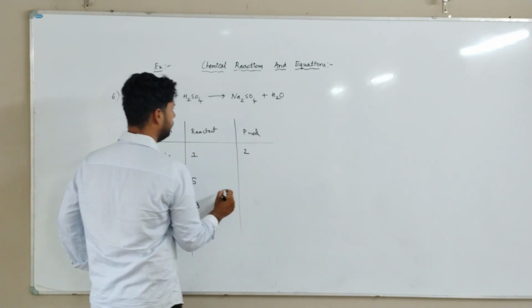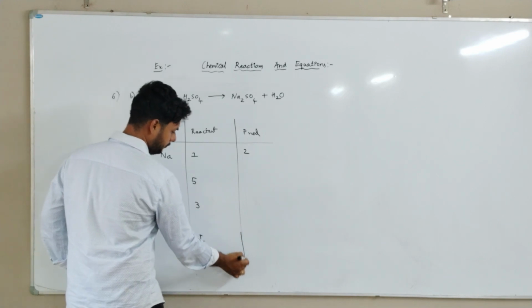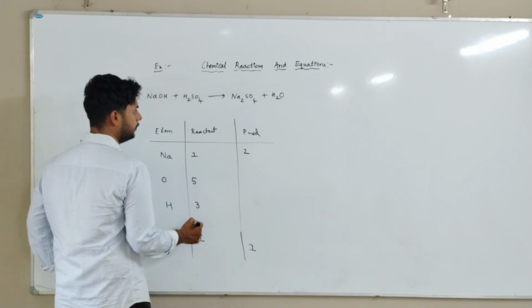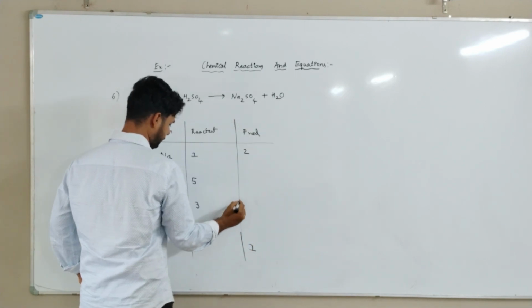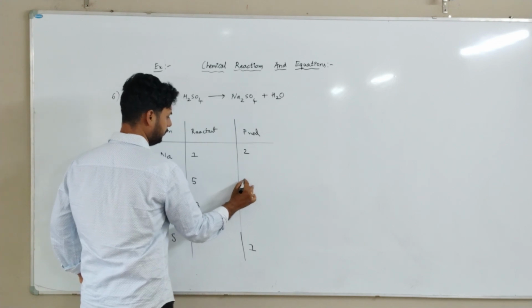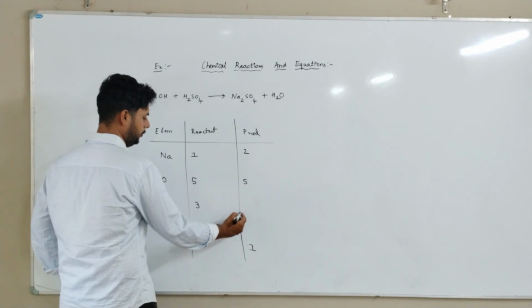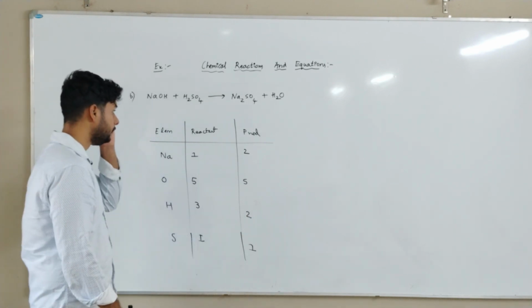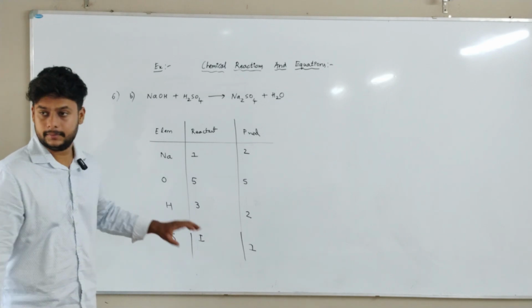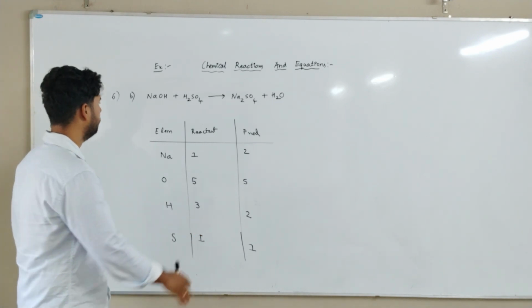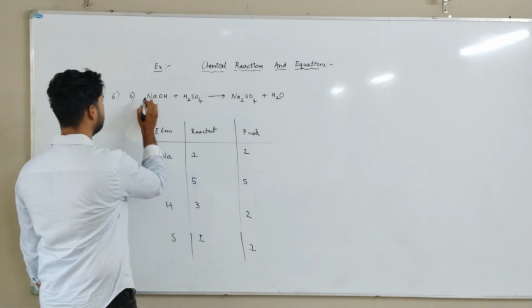Na2, sulfur 1, oxygen 4 plus 1, 5, hydrogen 2. Correct? Okay. So here Na2 was there, so I made this as 2 NaOH.